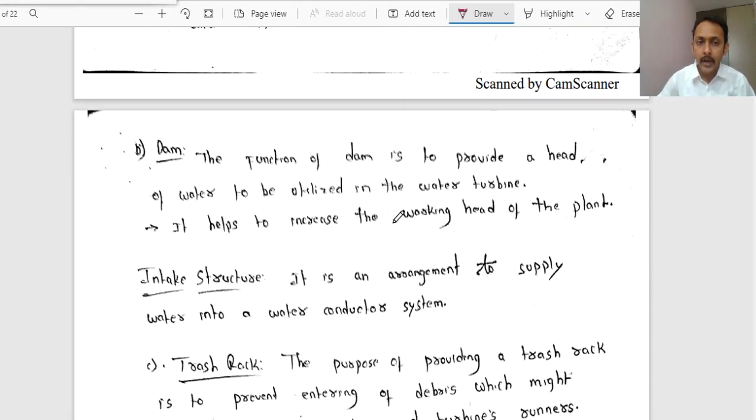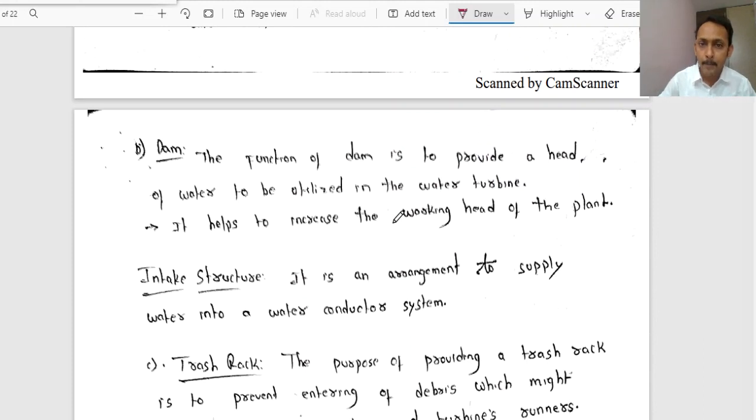Now the other component is the dam. Its function is to provide the required amount of head or height. If you increase the storage level of the water to higher heads, it is going to have more and more energy, so it helps to increase the working head of the plant.